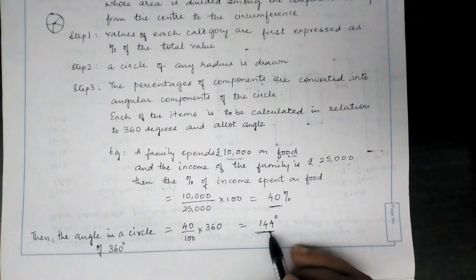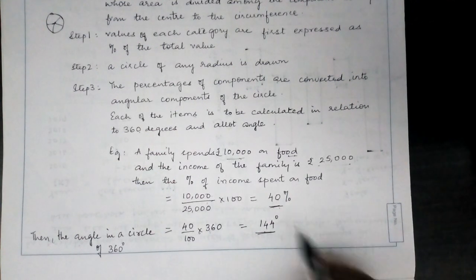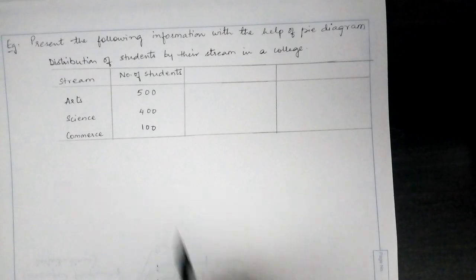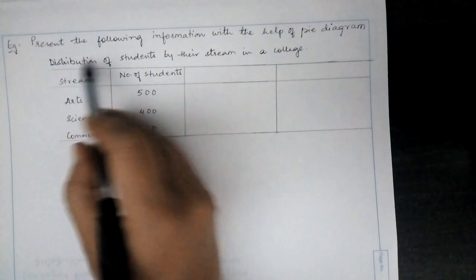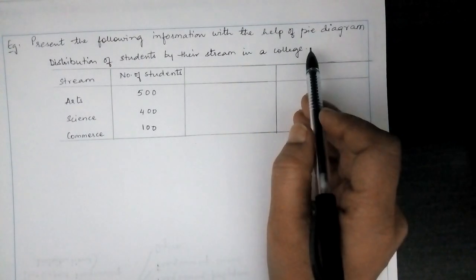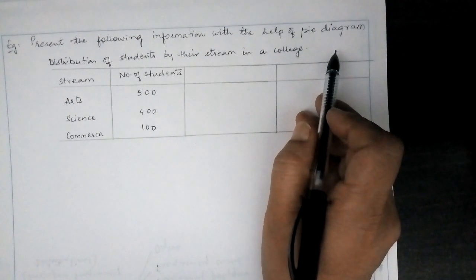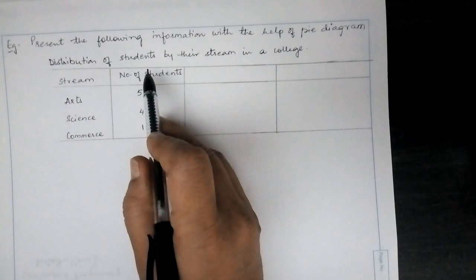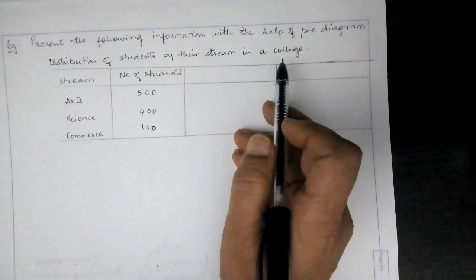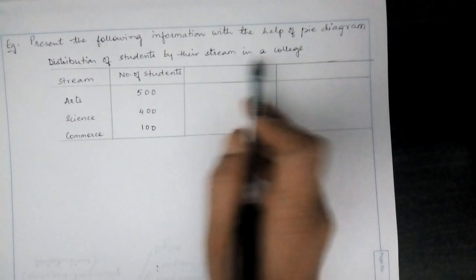So we will now solve one problem and also present the same in a pie chart. The problem reads, present the following information with the help of a pie diagram. Distribution of students by their stream in a college. So this is the heading.